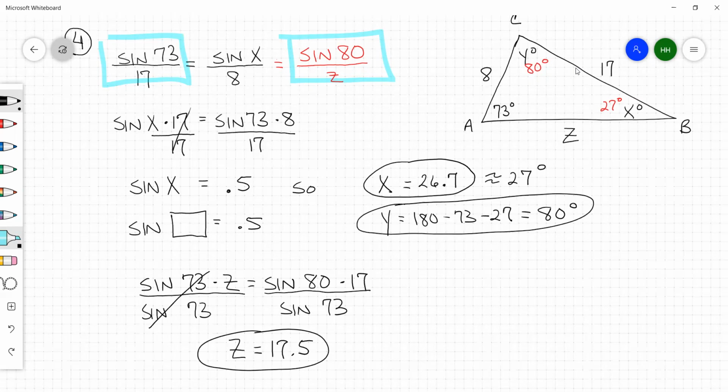So we used law of sines, we used inverse sine, and we wrote an extended proportion. So we did everything that you can do in relation to law of sines to solve that triangle. Any questions on any of those steps?